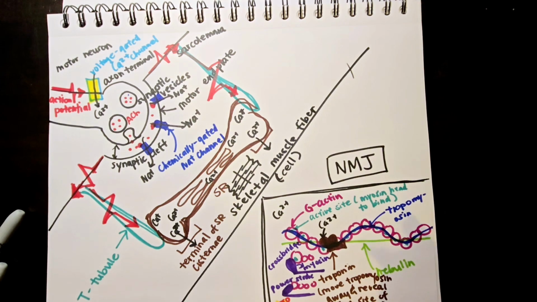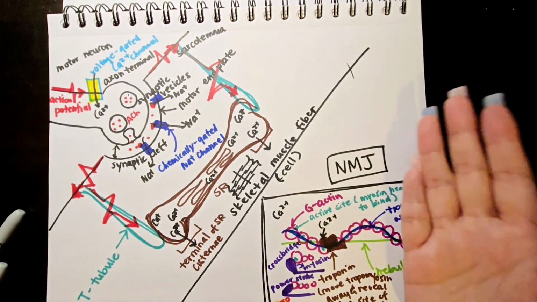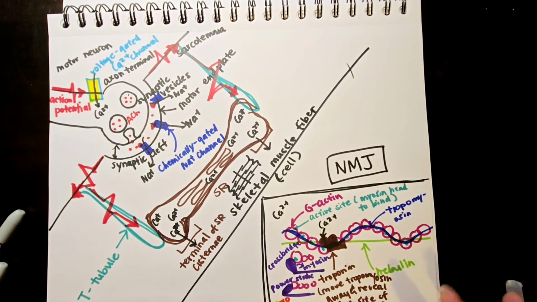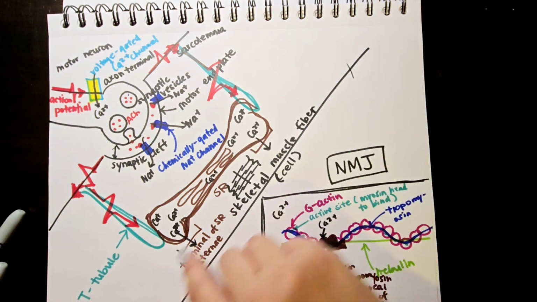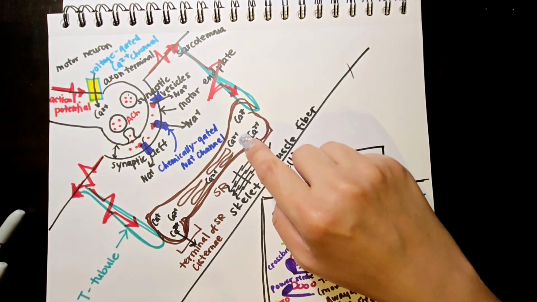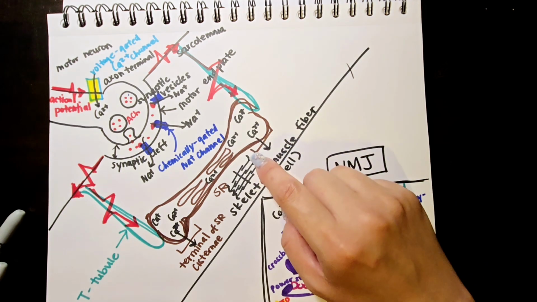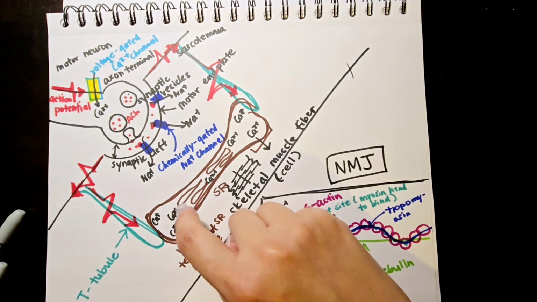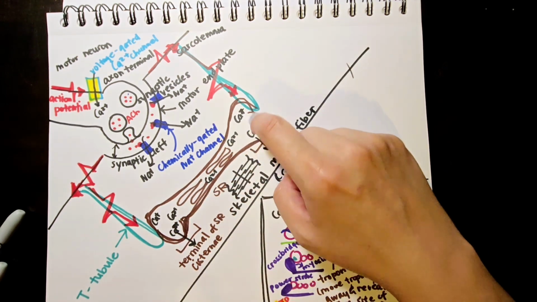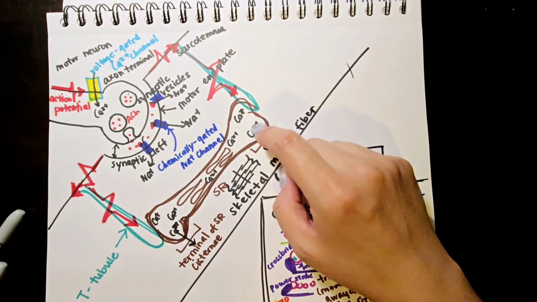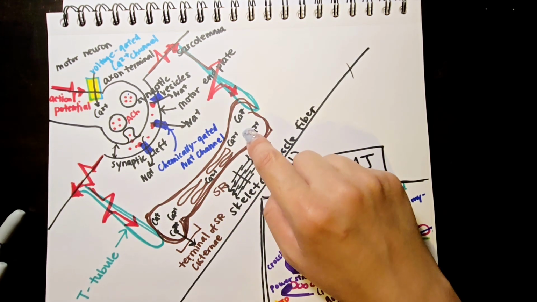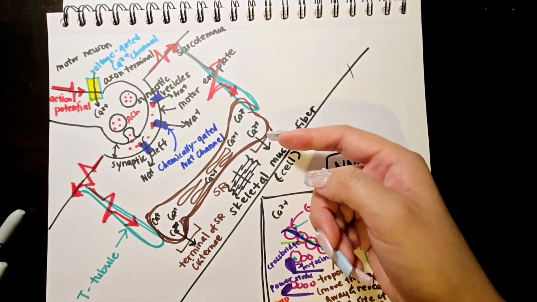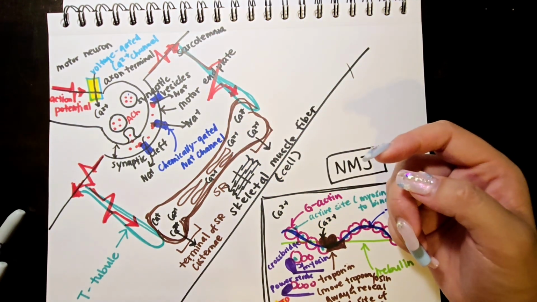Another location where ATP is needed, which I'm not going to draw in to not confuse you, is when the muscle needs to relax. Other than the myosin head needing to be released from the actin, all this calcium in the sarcoplasm also has to be pumped back into the SR. Because it's going against the concentration gradient, it has to use ATP to pump all the calcium ions back into the sarcoplasmic reticulum so it can be stored there and ready for the next action potential to come through on the skeletal muscle fiber side.